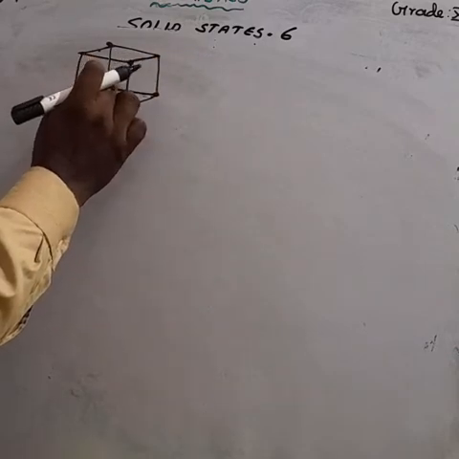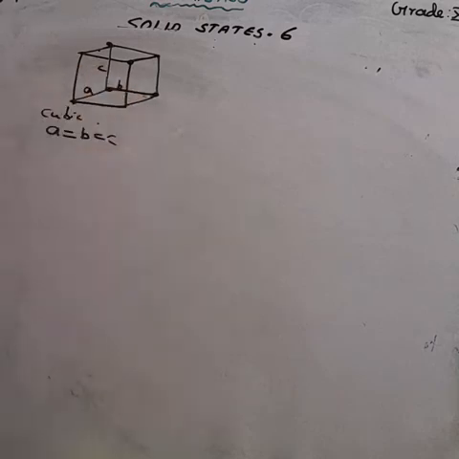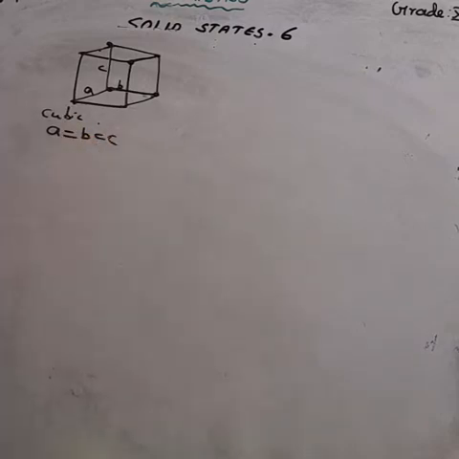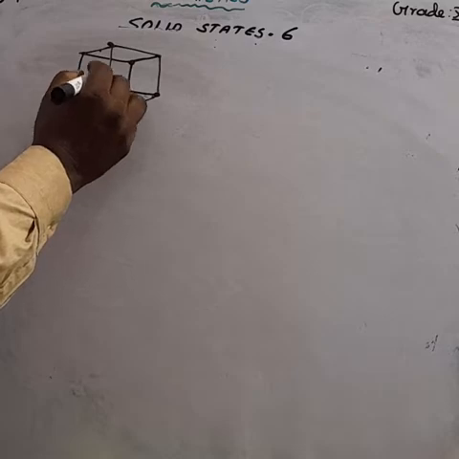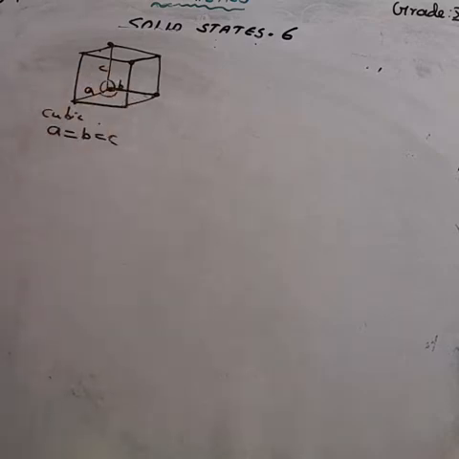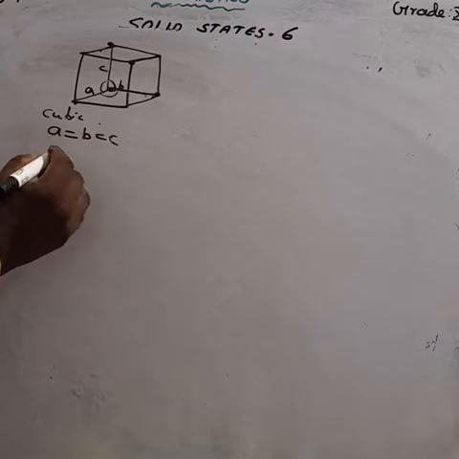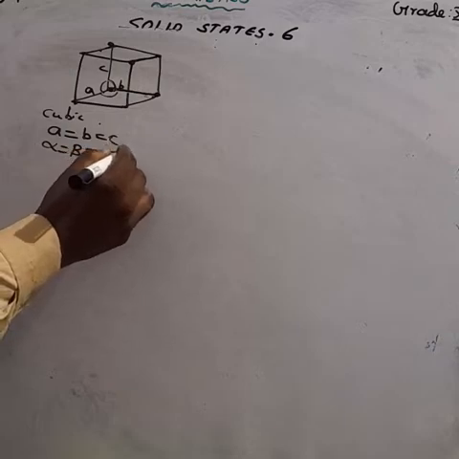Here this is a, here this is b, this is c. So the distance a is equal to b, and b is equal to c. Here this angle is 90 degrees, this angle is 90 degrees, this angle is 90 degrees. So we can say a equals b equals c, and alpha equals beta equals gamma equals 90 degrees.